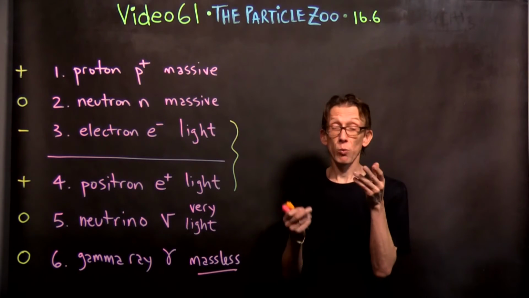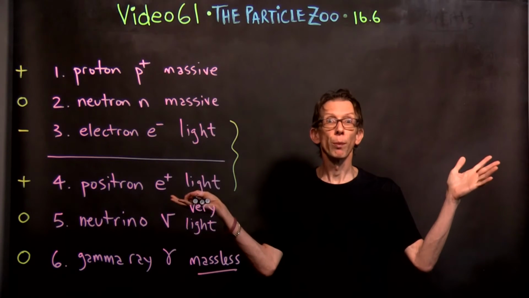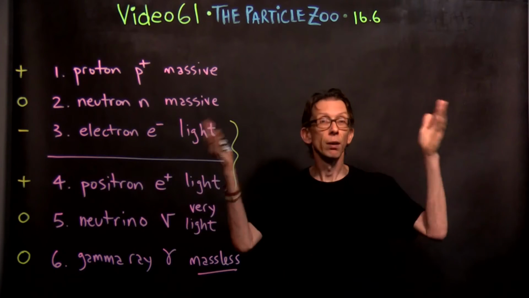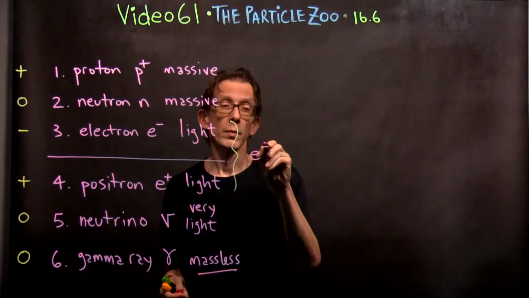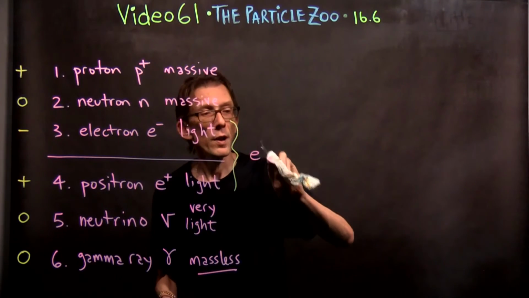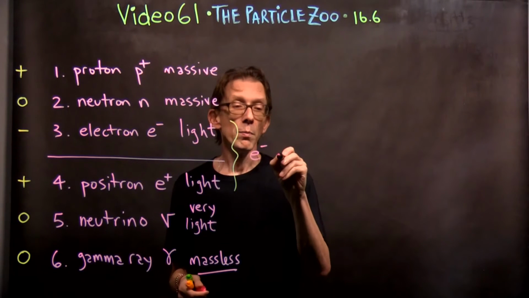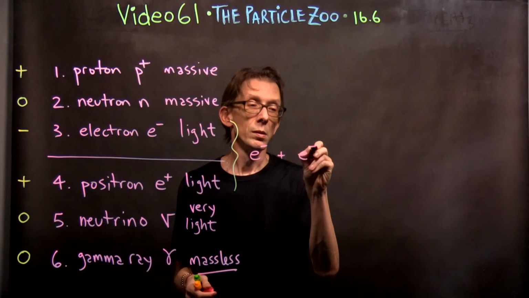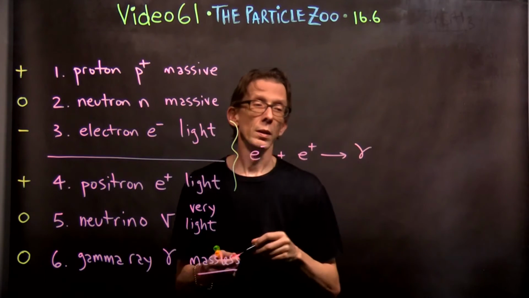Okay. Now what happens when a particle like an electron meets its antiparticle like a positron is both the electron and positron, which have mass, disappear from the planet. They disappear from the universe. If you have an electron meet up with a positron, you get gamma rays.